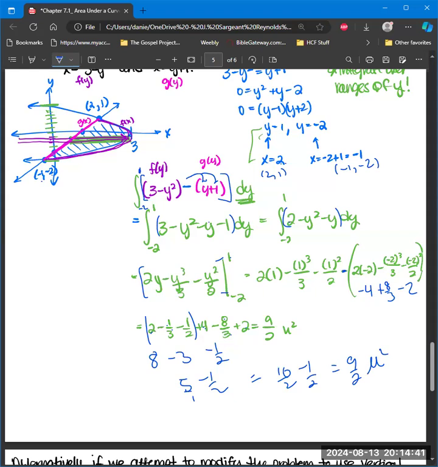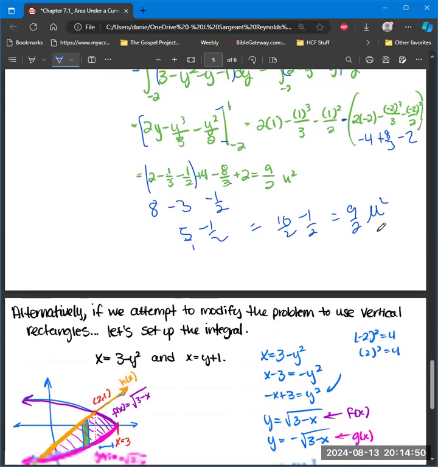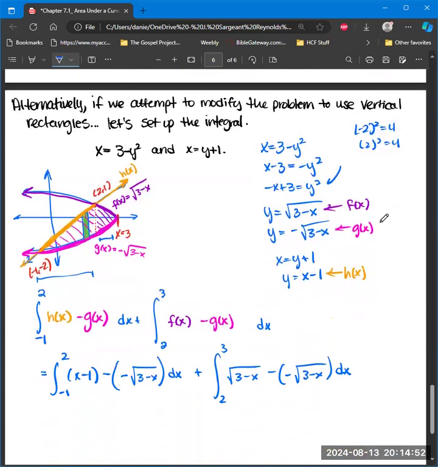It's the same area, just a horizontal area instead of a vertical area. Now, alternatively, we could attempt to modify the problem to use vertical rectangles and set up the integral. We're not going to try and solve it because I just want you to see that this is going to look really ugly and you're not going to want to do it this way.